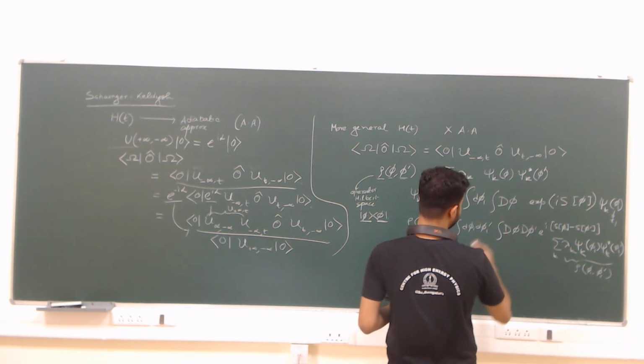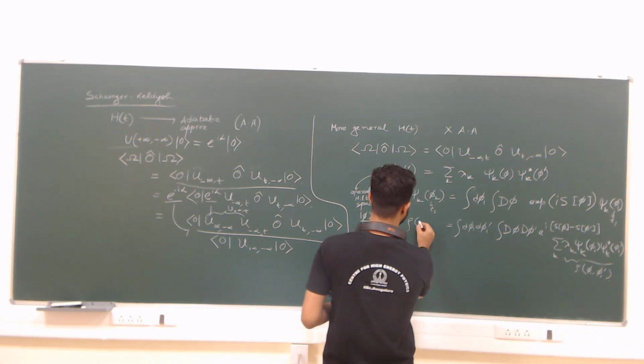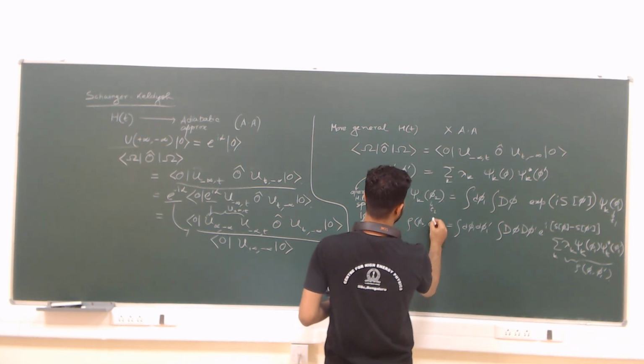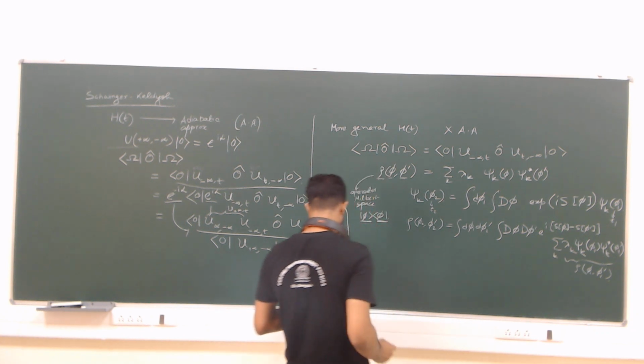I am evolving this way, then what I get is rho phi 2 prime.